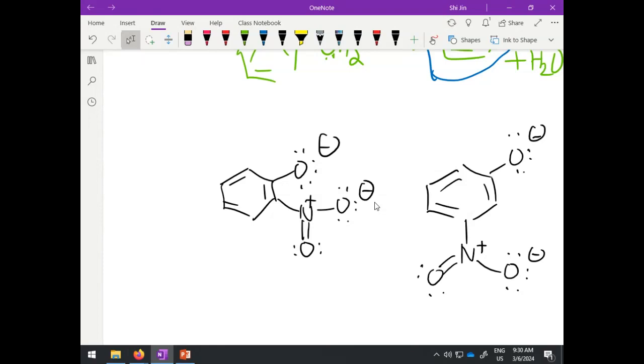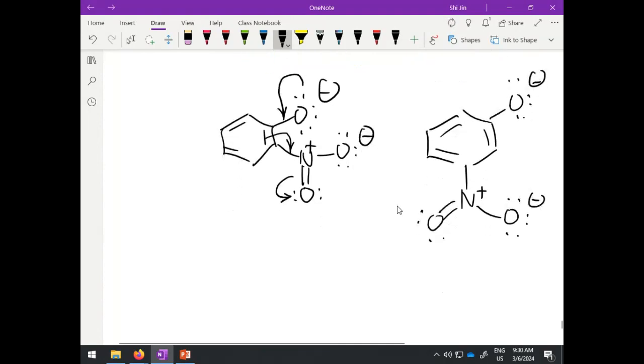If you did that, you will see that in the meta form, this guy, there's no way to place the negative charge of this oxygen into the nitro group. But in the ortho form, there's a way to place the negative charge all the way into the nitro group.